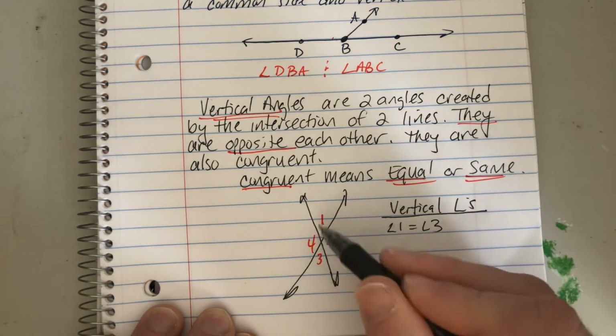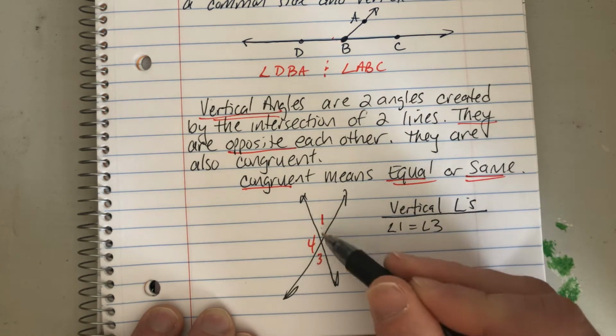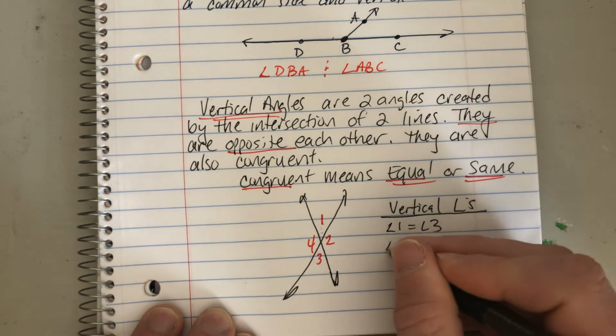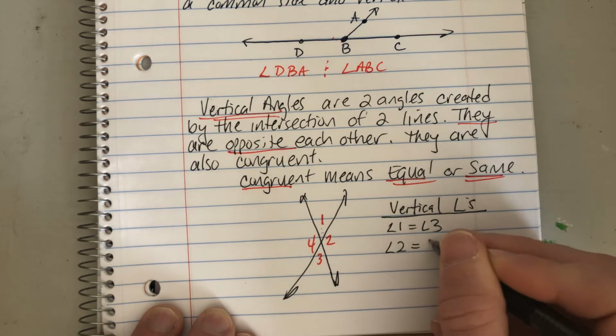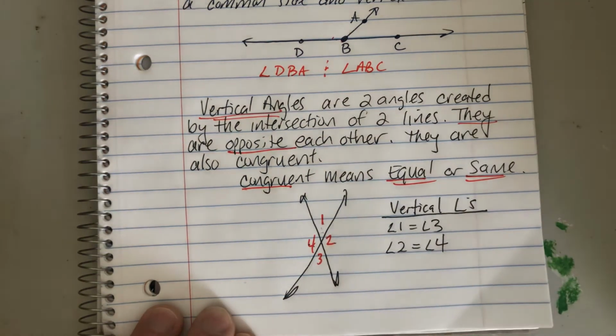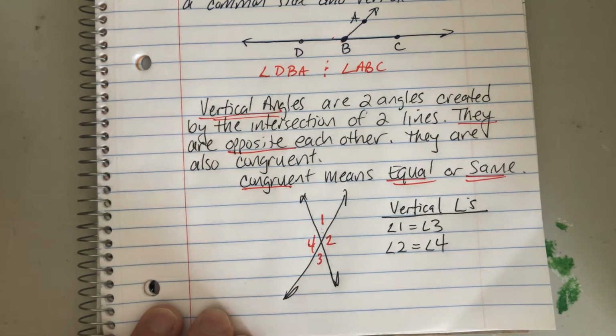They are created by the same two intersecting lines. They are opposite each other and they are the same measurement. Also vertical here would be angle 2, which is equal to angle 4. Those two are the same. Those are vertical. All right, turn the page here.